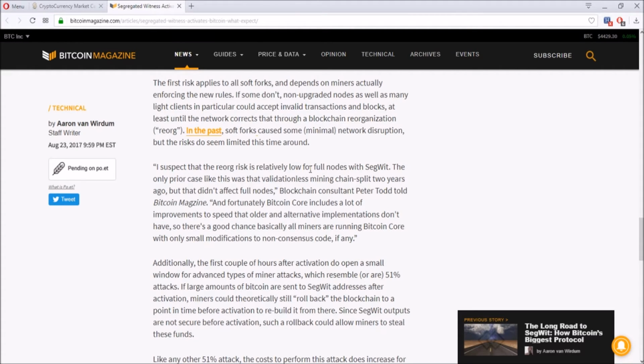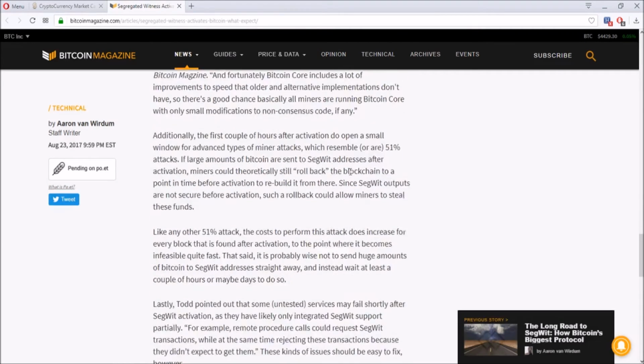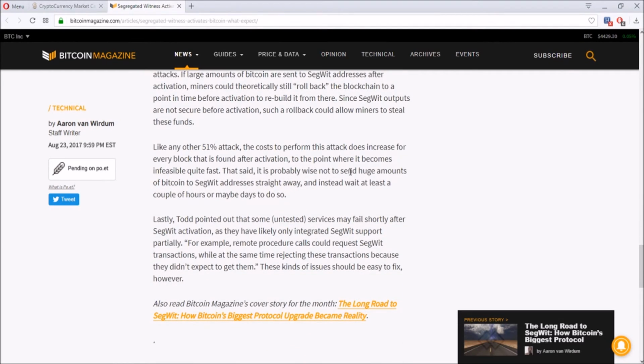However, if a Segwit address sends a transaction to another Segwit address, then Segwit can be used so that the signature can be a separate thing and it can be a lot faster and with less fees. So these are some of the risks. It's mostly going to involve miners and inconvenience on their parts, but for Bitcoin users, it shouldn't be as difficult to see this change go on.